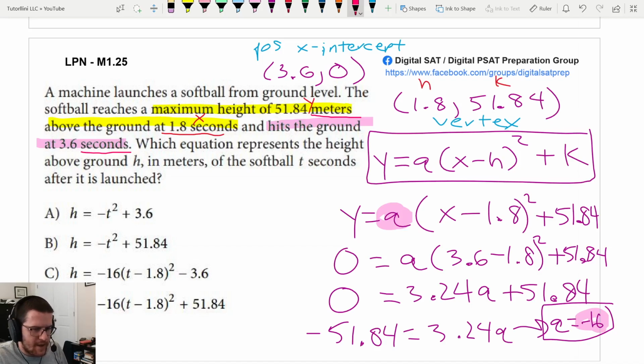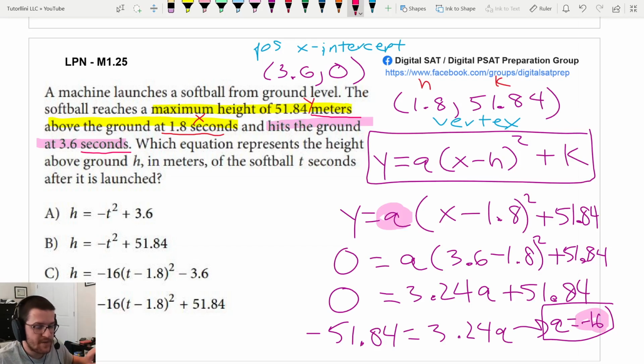I don't know, but most of the time it has something to do with the units. Most of the time on the SAT, a is just negative 16 if that's something you want to memorize. I don't know if I would do that though, because what if you got a question that's on the moon and gravity's different or something.